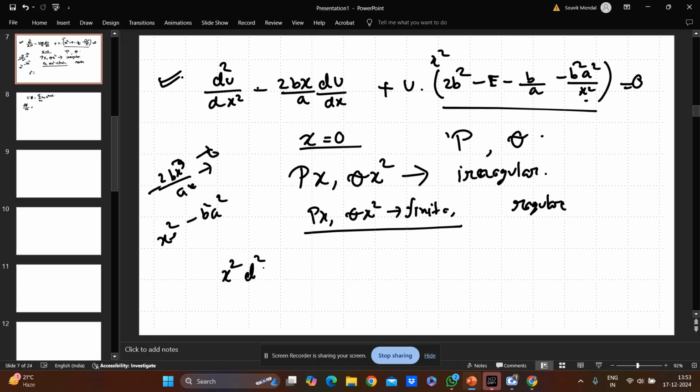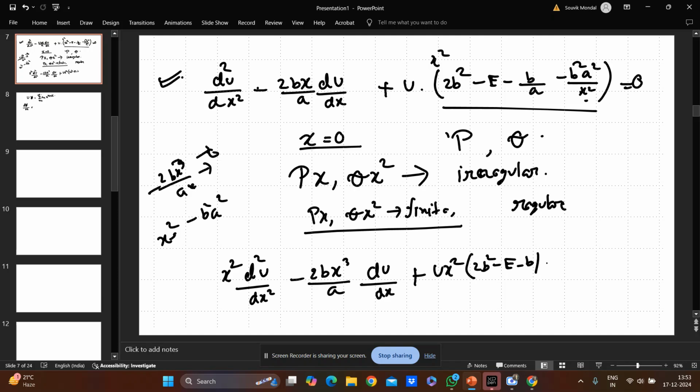Multiply x square on both sides. So x square d2u/dx2 minus 2bx cubed by a du/dx plus u into x square into 2b square minus e minus b by a minus b square a square u is equal to 0. So you have to calculate x cube du/dx and x square d2u/dx2.